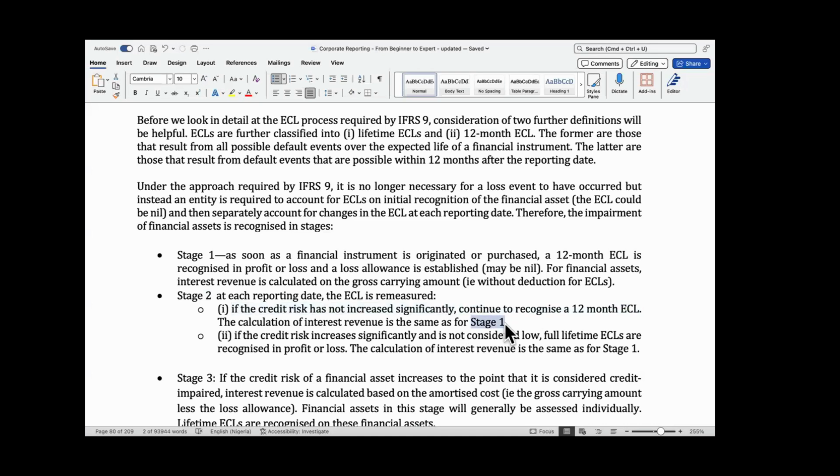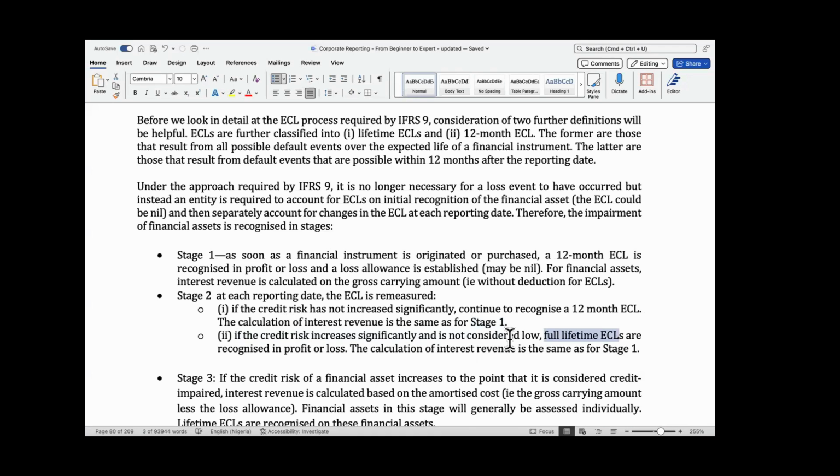However, if the credit risk has increased significantly and is not low, then you switch to a full lifetime ECL, as credit risk has increased.